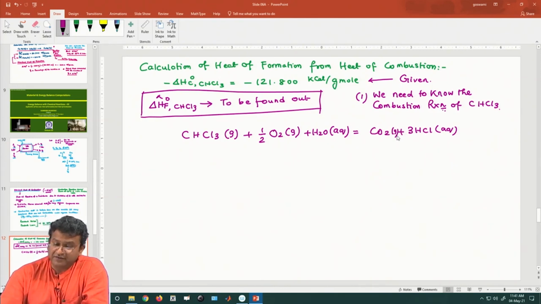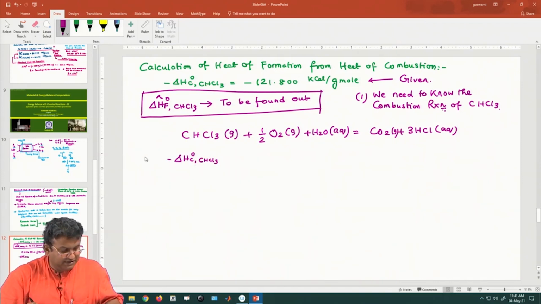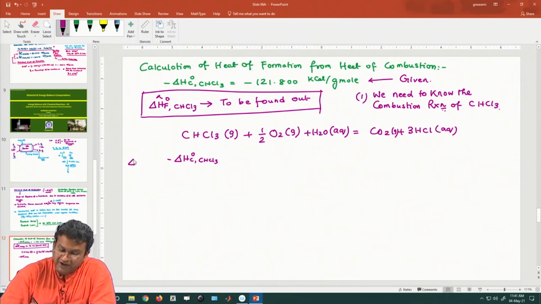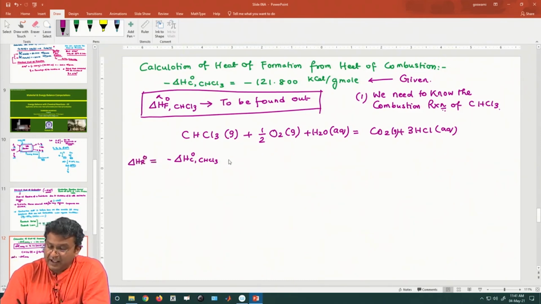So, when you say that the heat of combustion of chloroform is given, that means what you have is the heat of reaction for the above reaction, and what is the heat of combustion in this particular case?